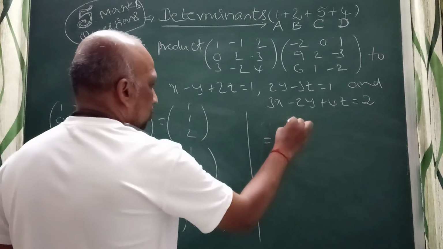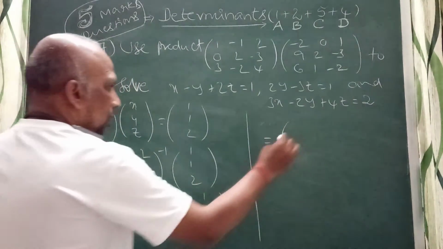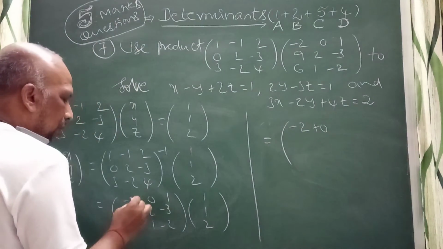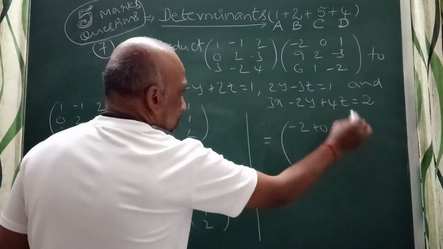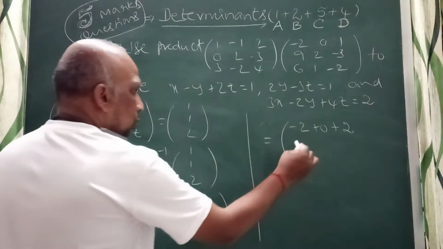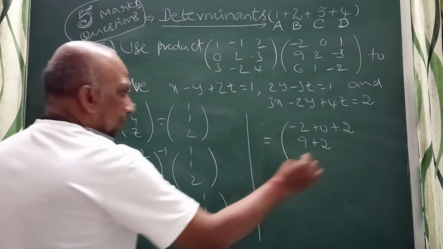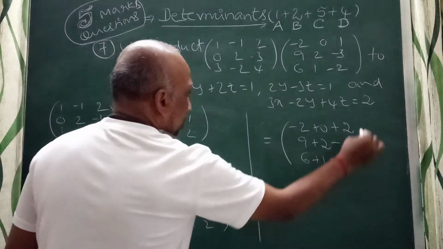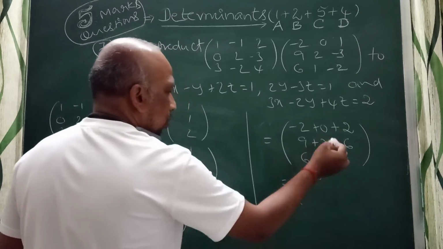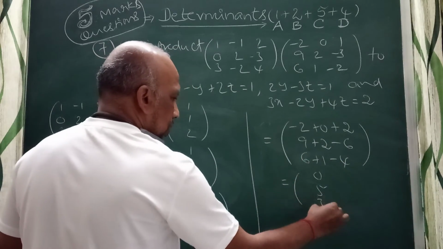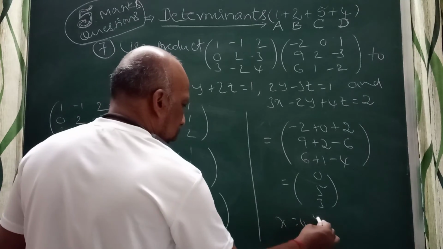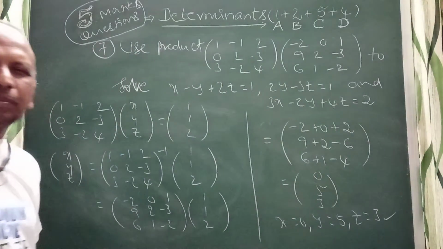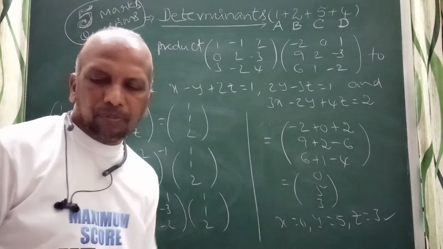First row: minus 2 plus 0 plus 2; this one 9 plus 2 minus 6; 6 plus 1 minus 4. So we get 0, 5, 3. So x equals 0, y equals 5, z equals 3. So these are the three values.